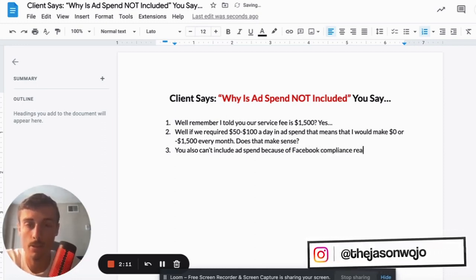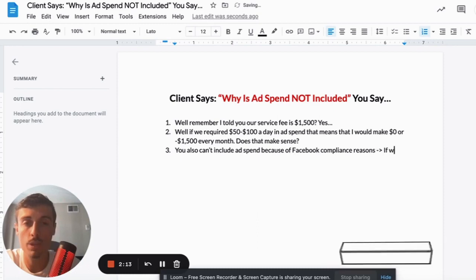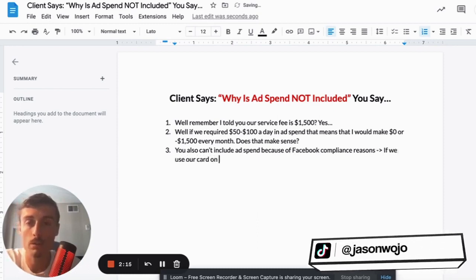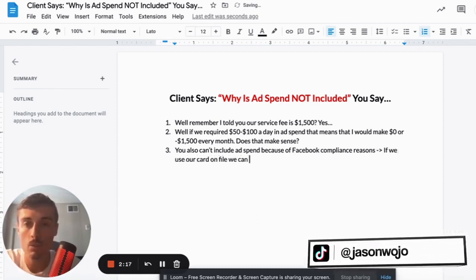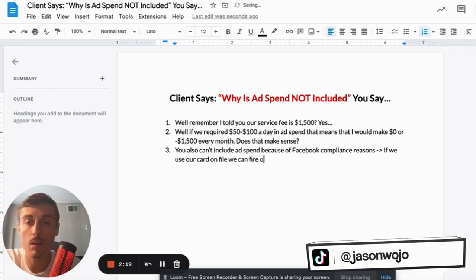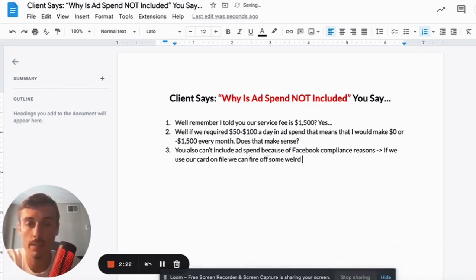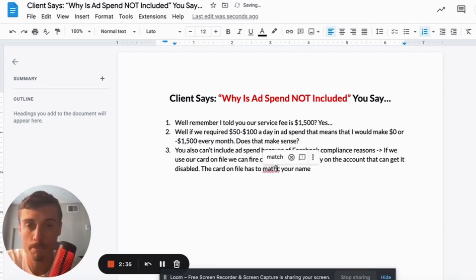Okay, here's the part where it's like, if we use our card on file, we can fire off some weird activity on the account that can get it disabled. Card on file has to match your name. So you are compliant.